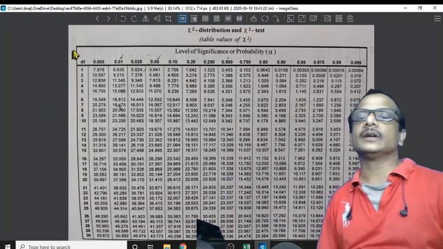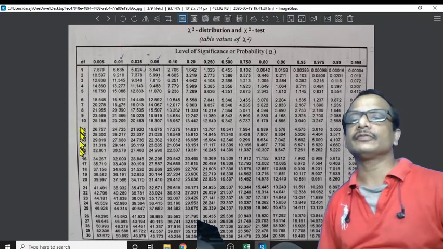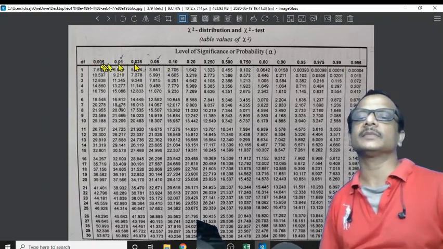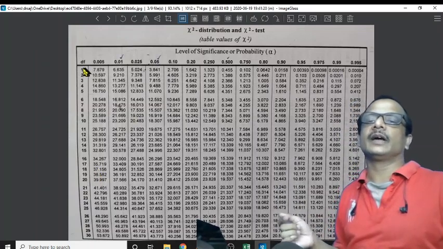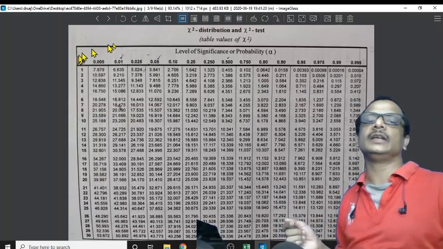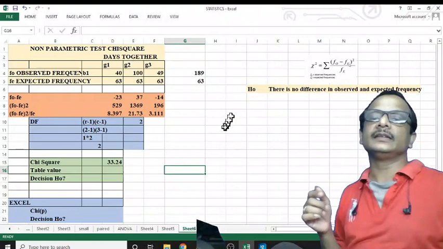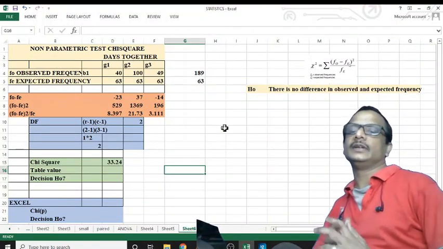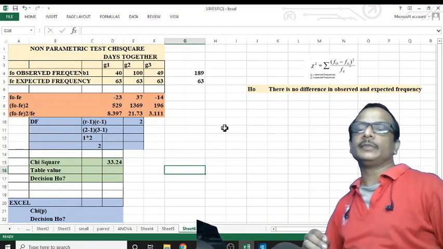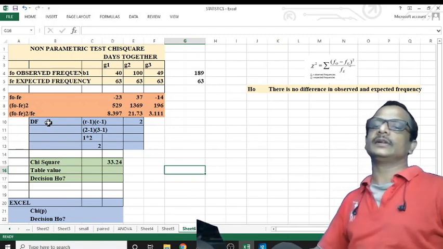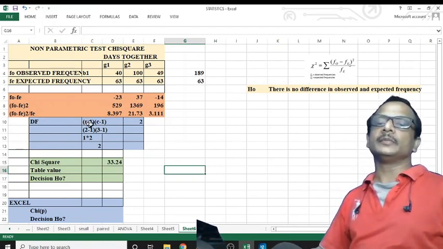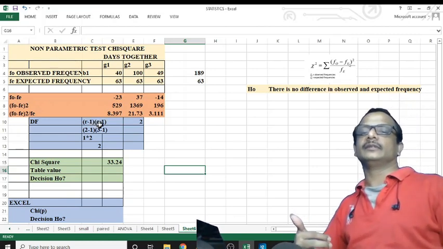In order to read this table we need DF. DF means degrees of freedom. Here degrees of freedom is calculated with the formula (R minus 1) into (C minus 1).